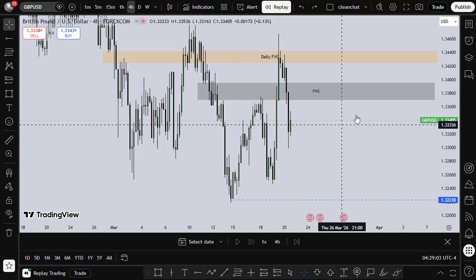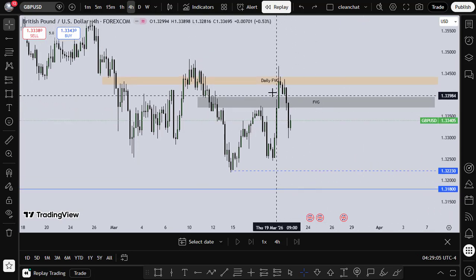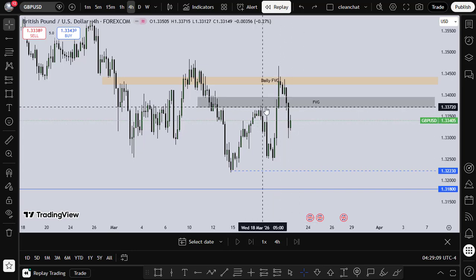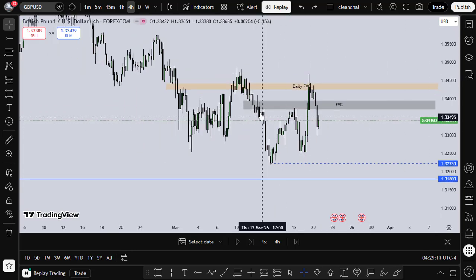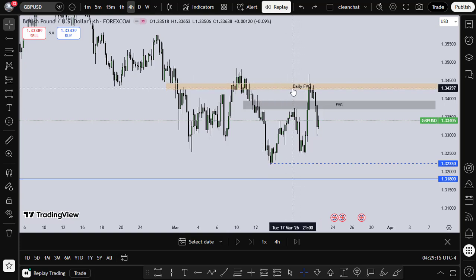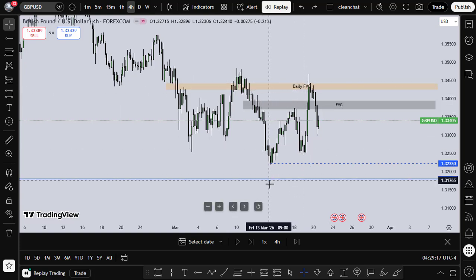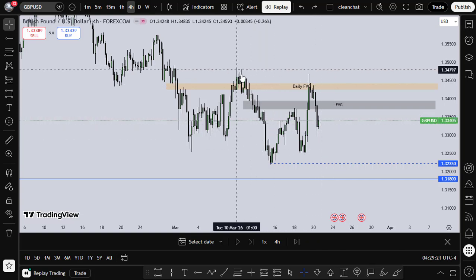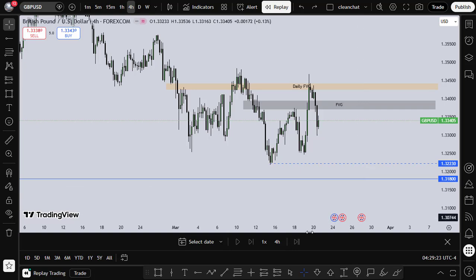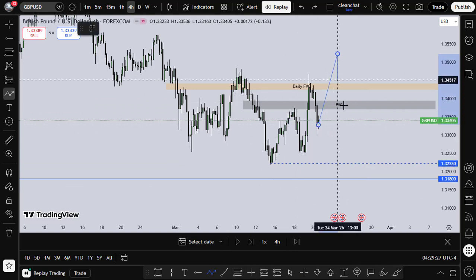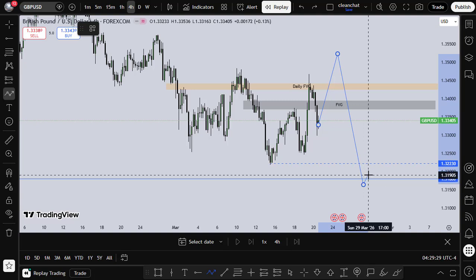But looking at the structure on the 4 hour, you see there's a break of market structure, and we're in this fair value gap. That's why I'm saying you have to be neutral, but our overall trend is bearish. On the daily time frame, we're already bearish. There's our pool of liquidity. So right now, either price should come and attack this one, and then we have a drop, something like this, or keep going.